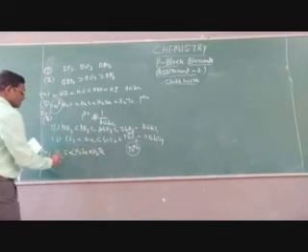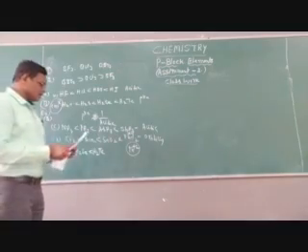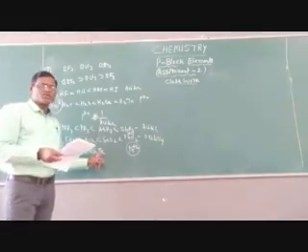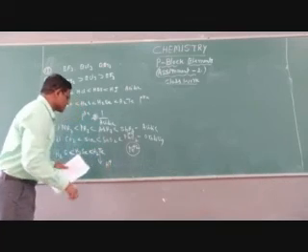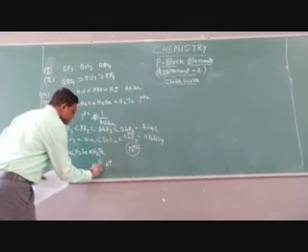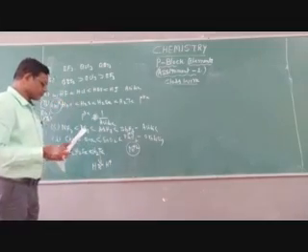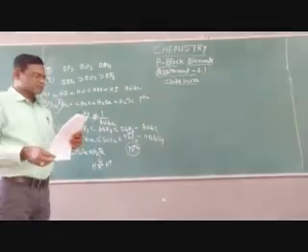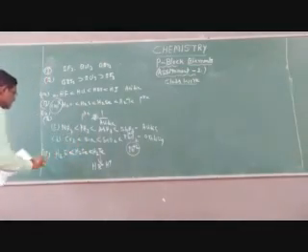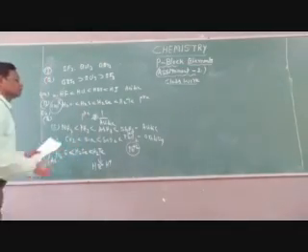H2Te is more acidic in nature. In aqueous solution, it decomposes to form H plus ion and HTe minus. So that is the correct answer. 15th one is A, children.